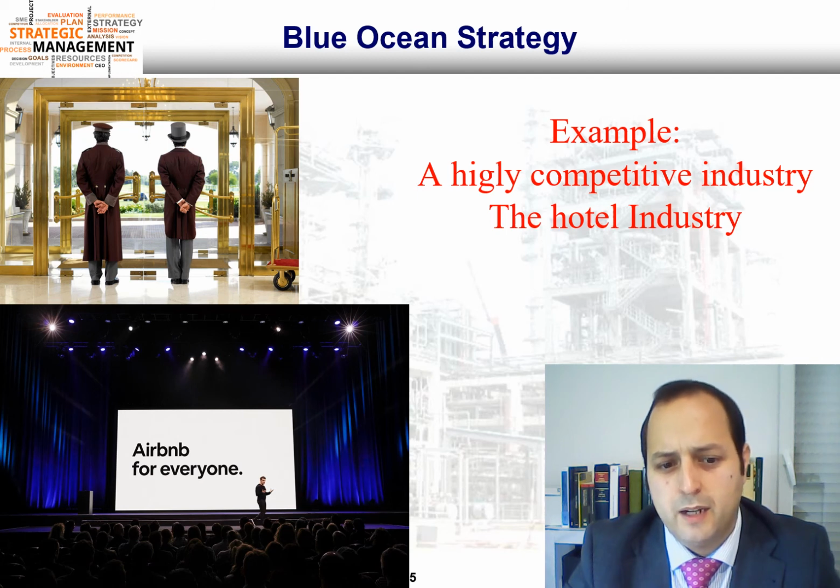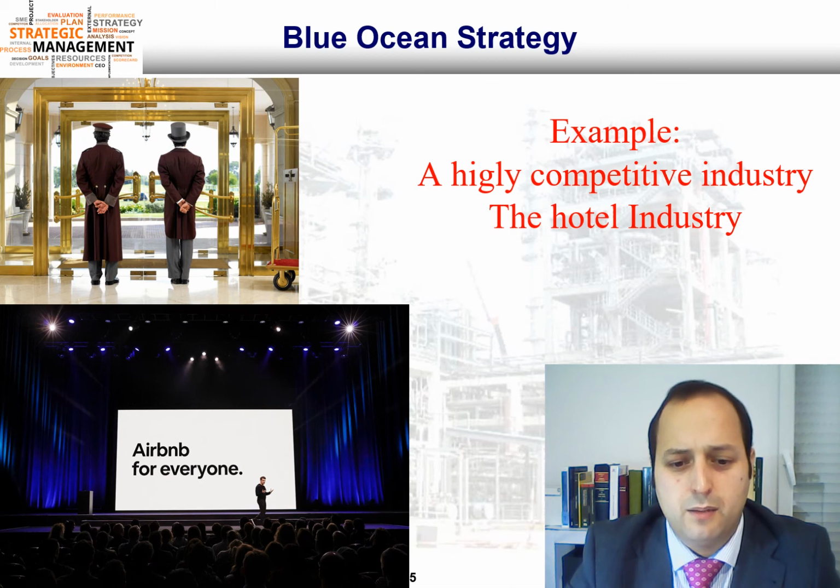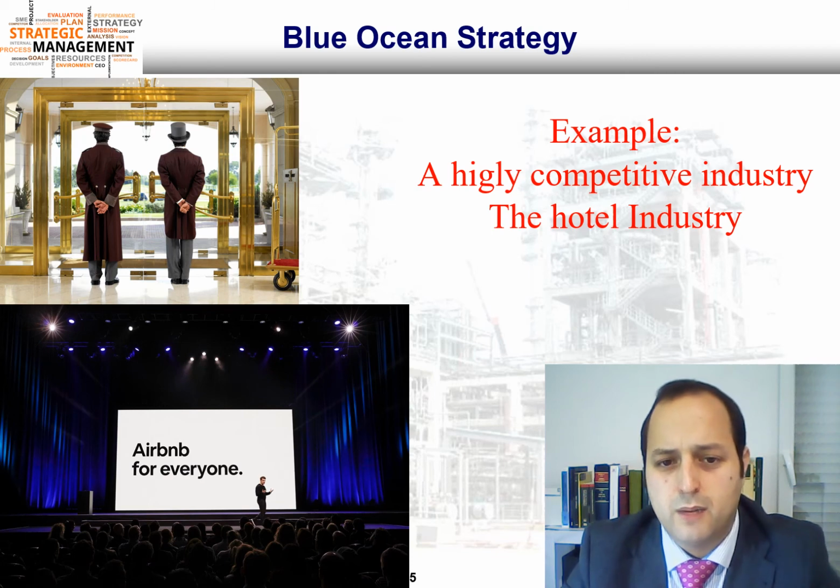And then Airbnb arrived, and Airbnb does not have competitors, or their competitors are very small. Airbnb created a blue ocean. They do not worry about Booking. They do not worry about other hotels. Airbnb was able to create a disruptive business model and create a new market with new target customers.